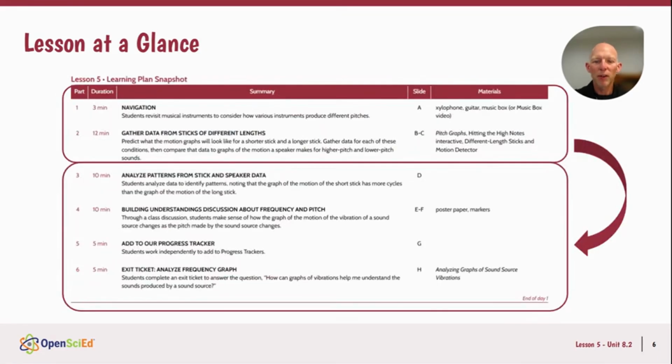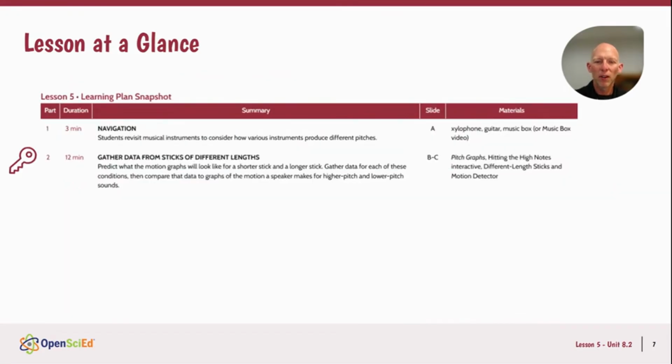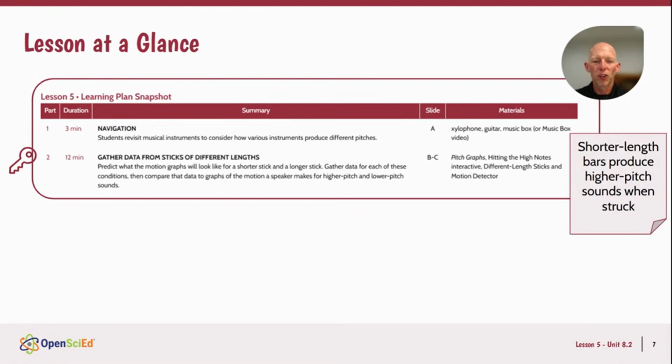There's two different chunks or components to this lesson. To start off, students are going to navigate in by thinking about musical instruments and how they're producing sounds of different pitch. They notice that shorter length bars in the music box are producing the higher pitch sound, and longer length bars are producing the lower pitch sound.